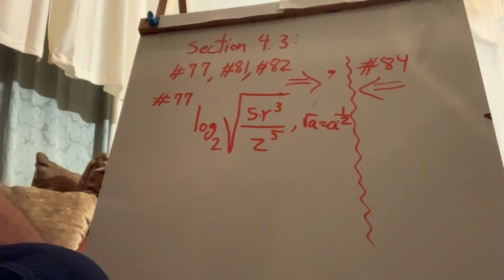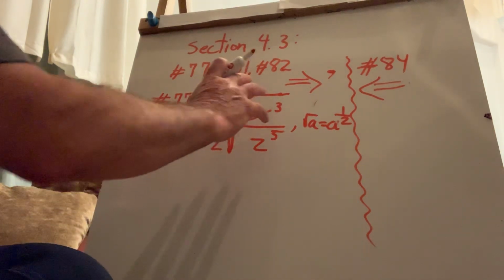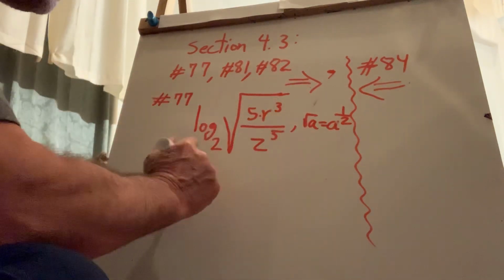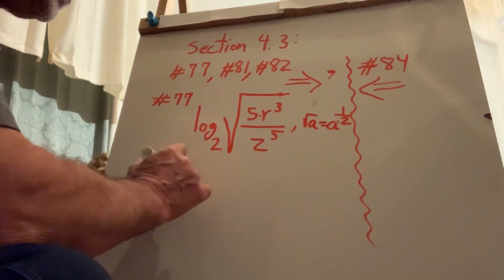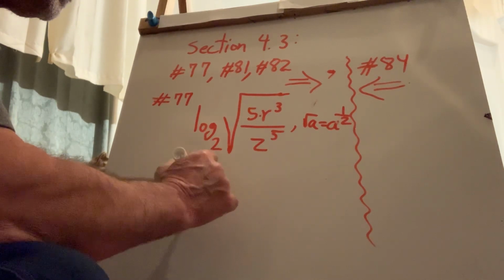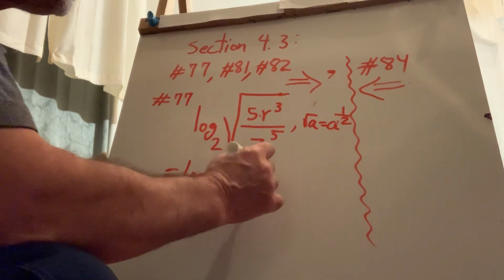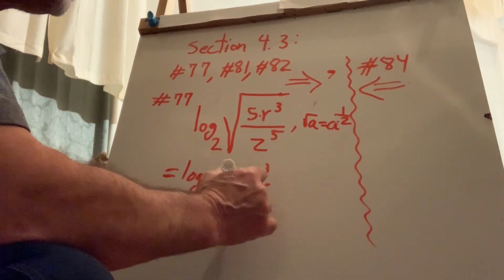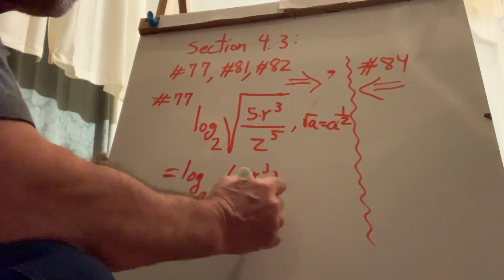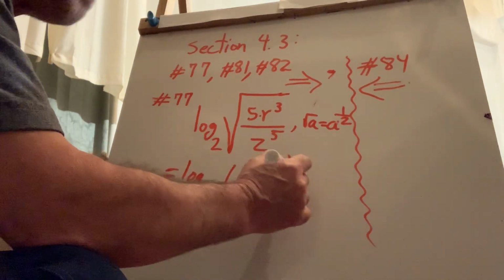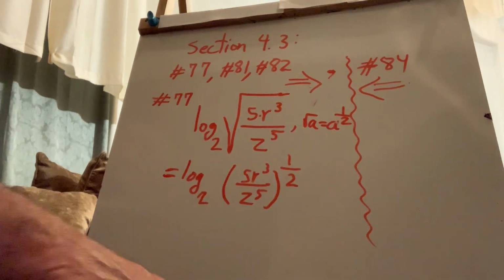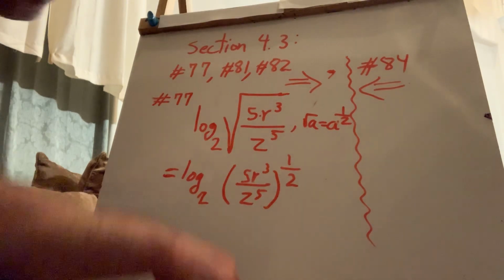So this is how you convert the square root into a power, and that's your first step. You write that as log base 2 of 5r cubed over z to the 5th, all raised to 1/2.